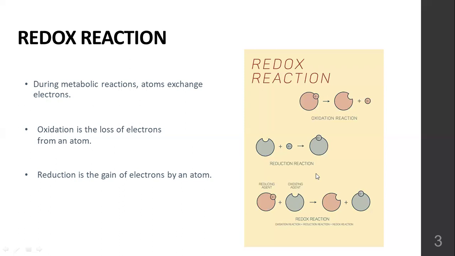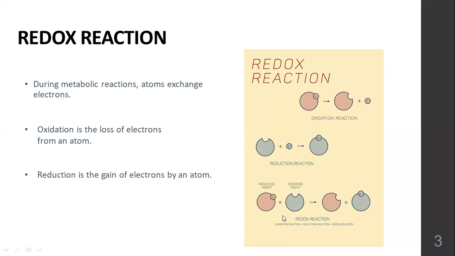The atom undergoing the reduction reaction is the oxidizing agent. The atom undergoing oxidation is the reducing agent, because its electron is getting reduced. So a redox reaction is the combination of oxidation and reduction.